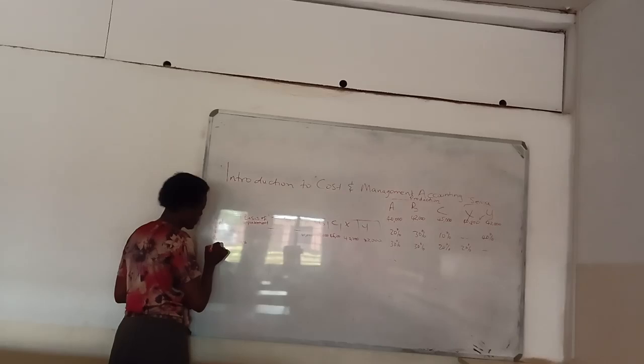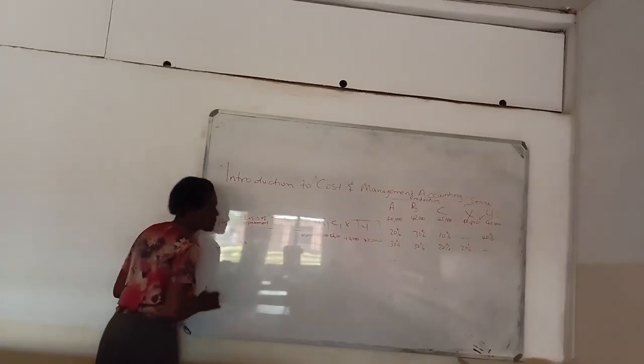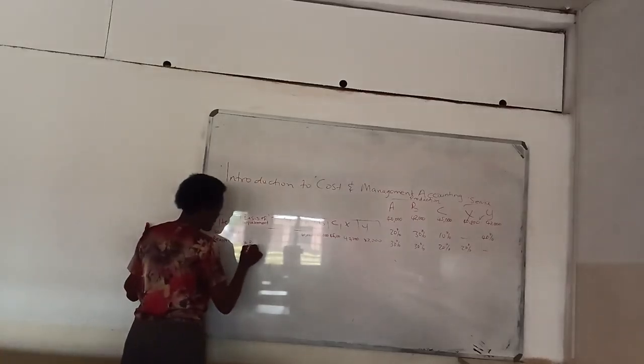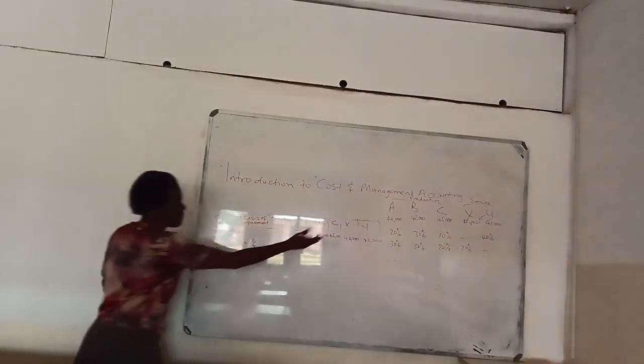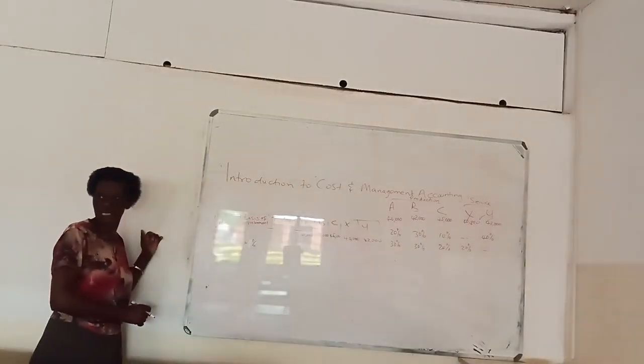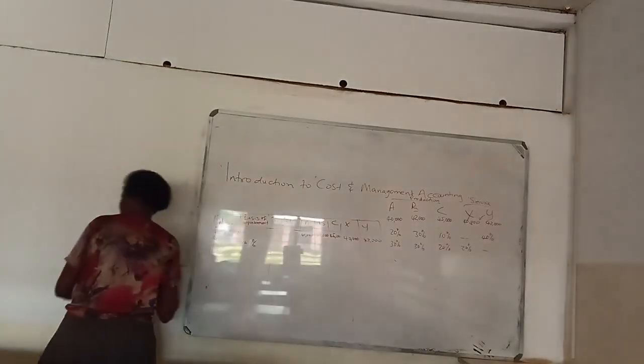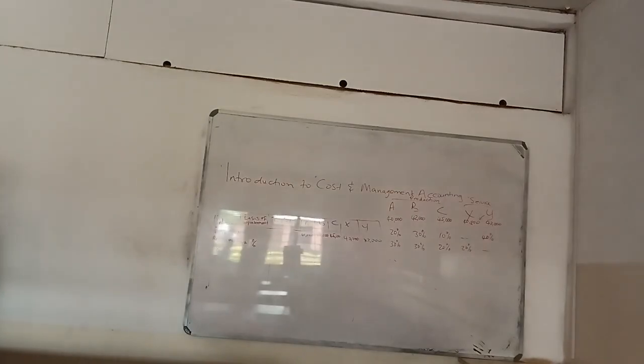Reapportionment, we are going to say now X and Y, because they're the ones that were supposed to distribute, isn't it? Now, what basis are we going to base on? We're going to base on percentage, because we're given the percentages that we should be basing on, isn't it? Yes, that's our basis.